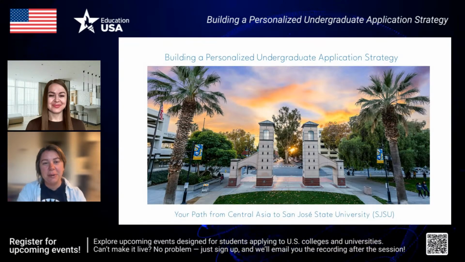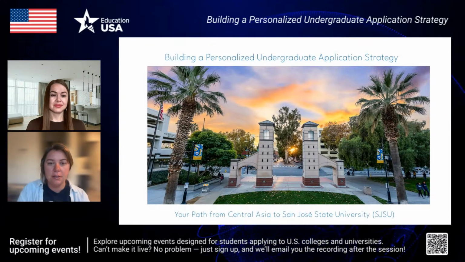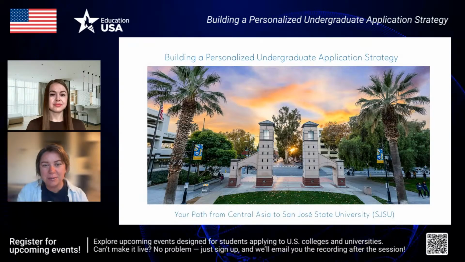Today, we are talking about building a personalized undergraduate application strategy. And so, for Central Asia and Eurasia, this is a picture of one of our gates on our building. We're located in California.